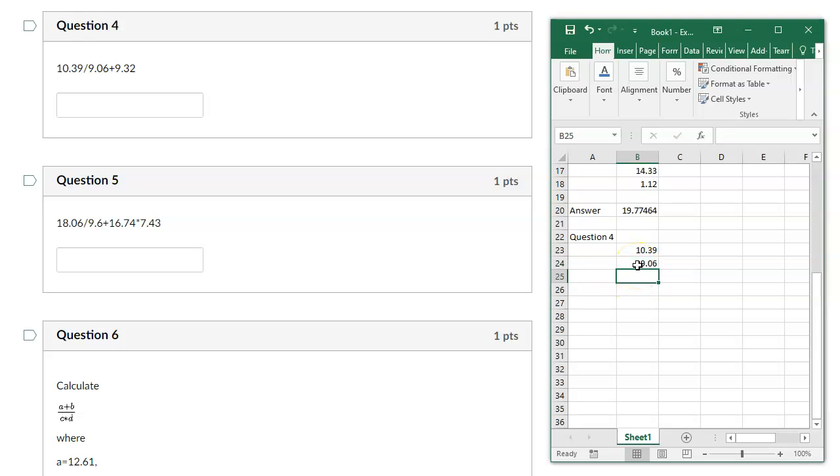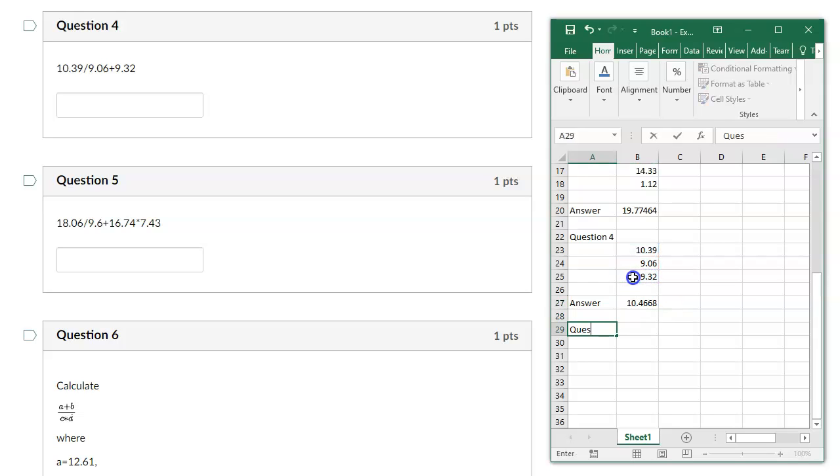That's a big part of getting this right, because on your first attempt, the ones that you got right, you want to be able to just leave them alone, essentially leave the hard part alone, and then just work on the ones that you got wrong for your second attempt. And so here we have 10.39 divided by 9.06 plus the last number.